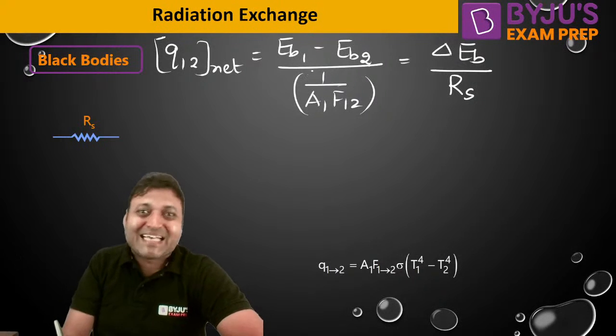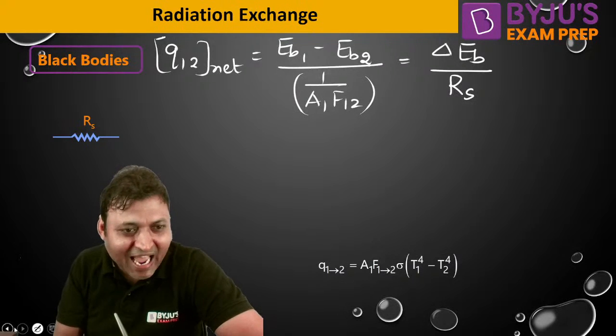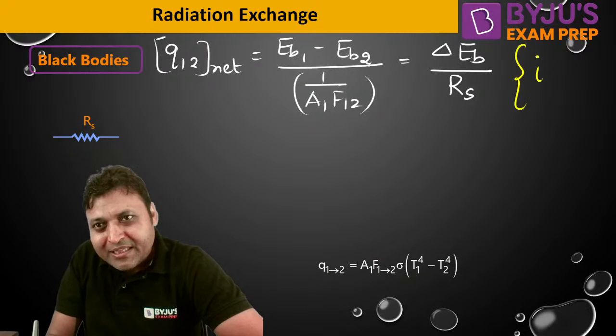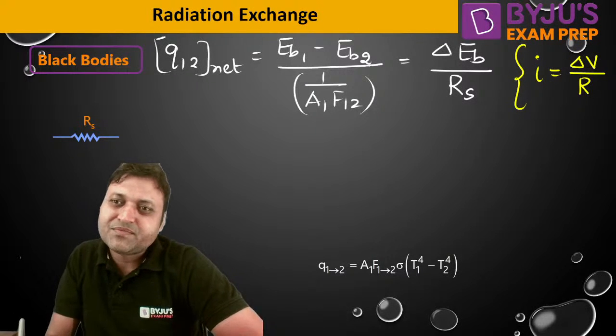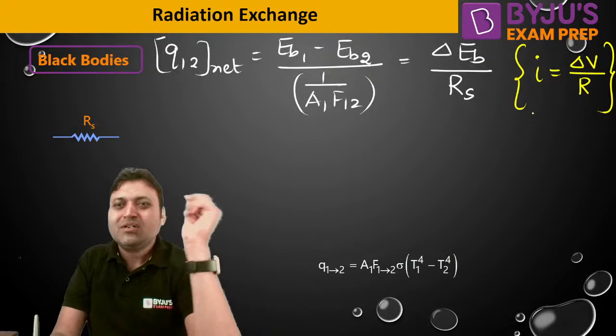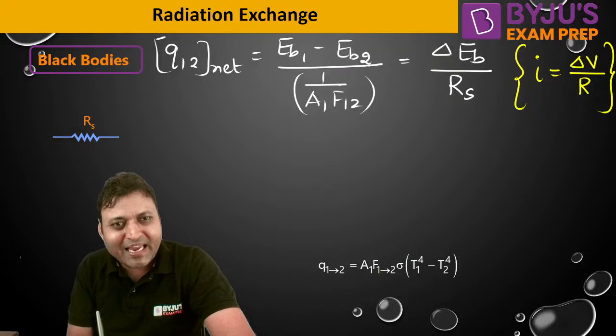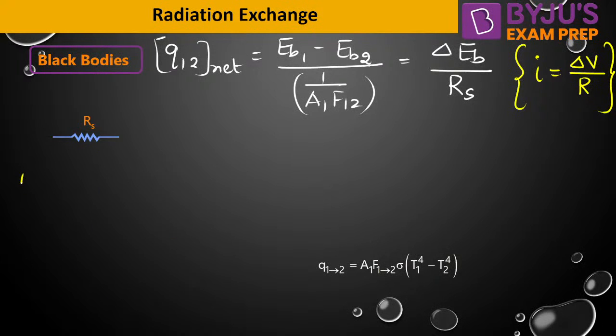So if we draw the circuit diagram, we are trying to write this expression in terms of current equal to potential difference upon the resistance. That is Ohm's law. So if we draw the circuit diagram or the electrical analogy, we can say the current in an electrical circuit is similar to the heat transfer rate in radiation.